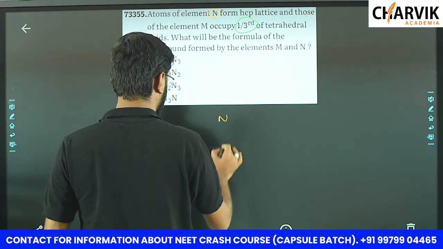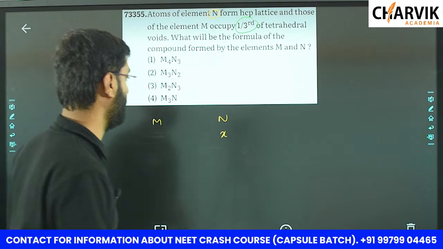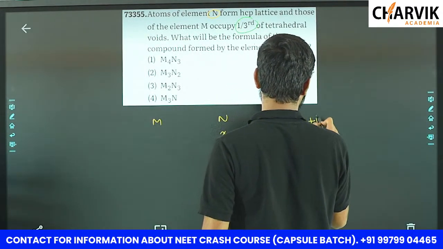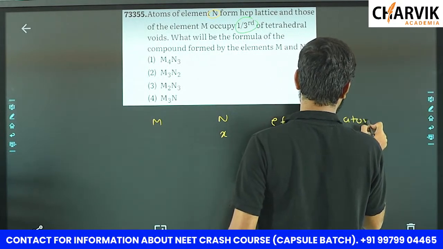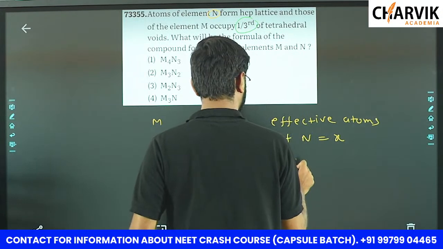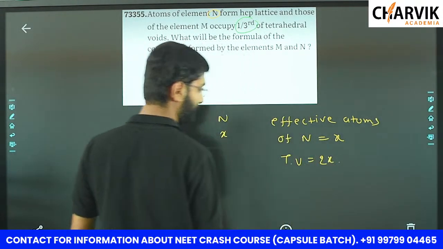Now suppose total number of effective atoms of N is equal to x. So total number of tetrahedral holes is equal to 2x.